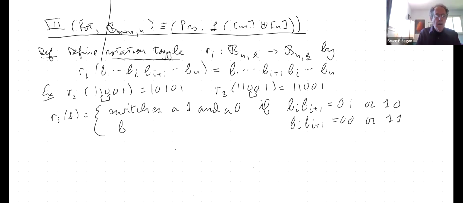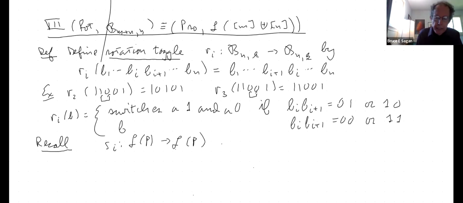So let's recall and compare this with the s_i, the s_i for promotion, what those did. So we had these s_i toggles from linear extensions to linear extensions.